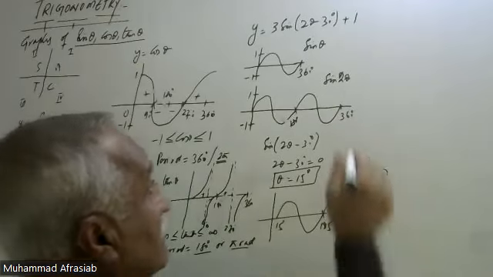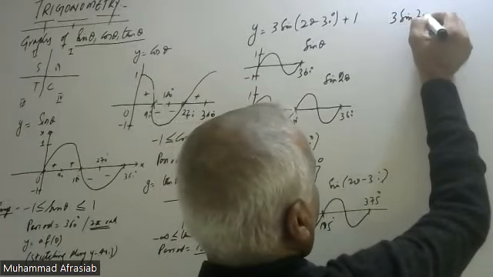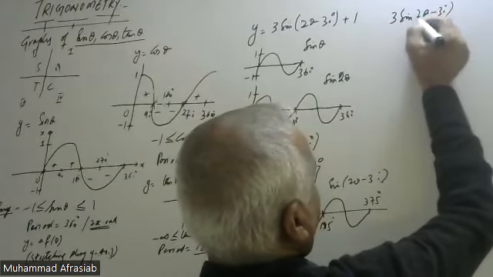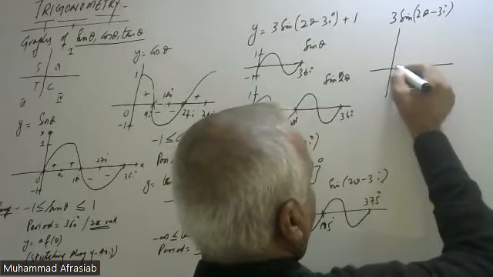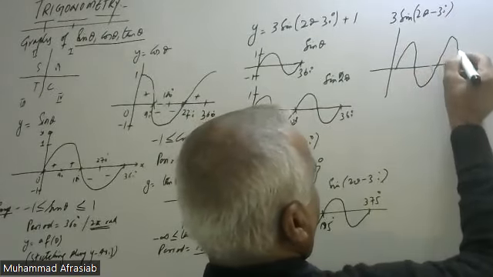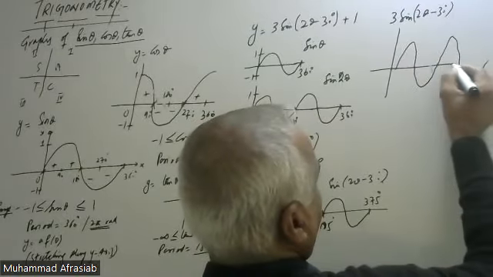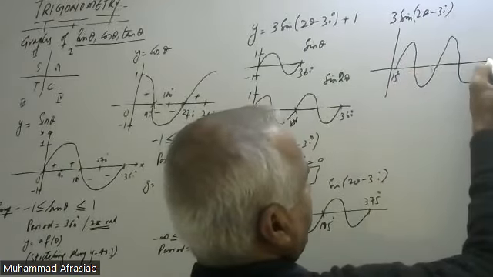Then there is 3 sine of 2 theta minus 30 degrees, which will be the graph like this. So it is 15 degrees.